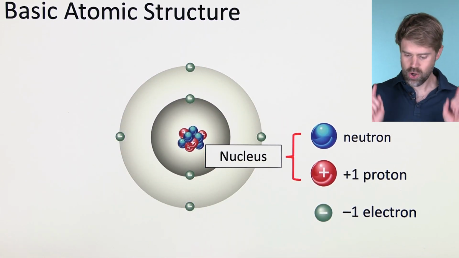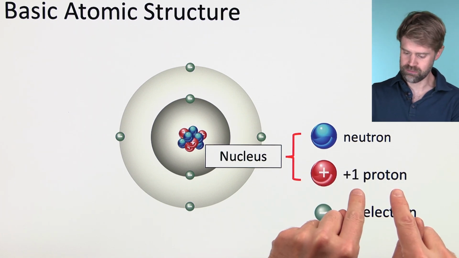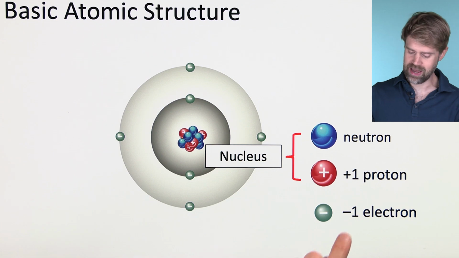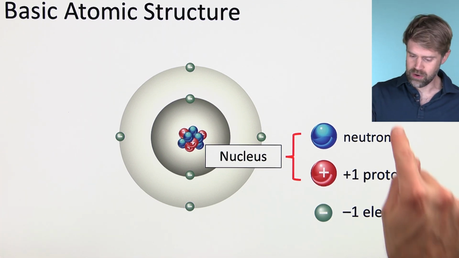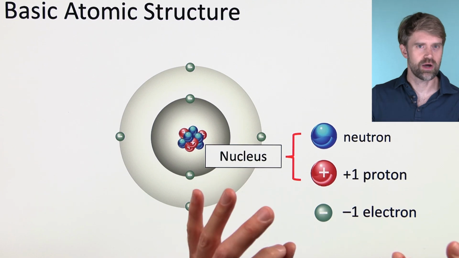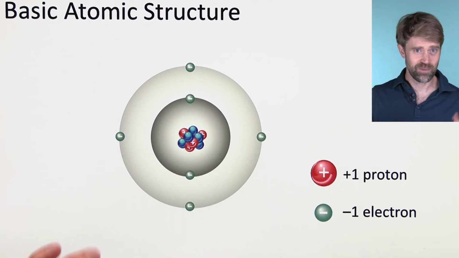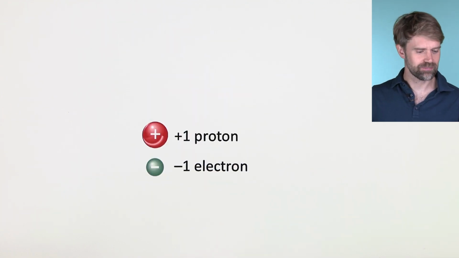Now, neutrons are neutral. They don't have a charge, but protons have a +1 charge, and electrons have a -1 charge. We're going to talk about neutrons in a different video, so we're not going to worry about them here. Instead, we're just going to focus on protons and electrons.